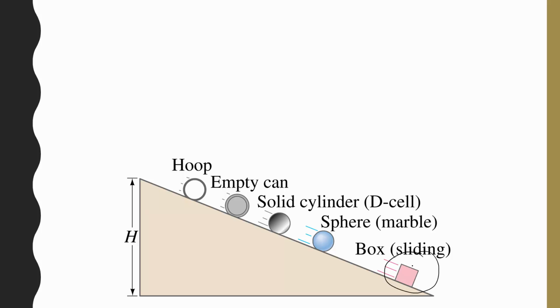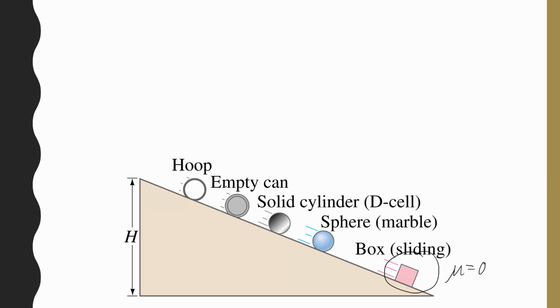And there was a reason for that, because the box does not have rotational energy, and so we didn't have to worry about it. If it does have rotational energy, that means it has less translational kinetic energy, so a sphere will actually roll down a hill slower than a box with no friction. Obviously, if there is friction, the box will be slowed down more than a sphere would be. But if we assume that this is a frictionless surface for the box, it will get down first.